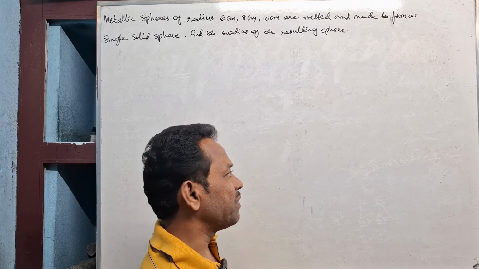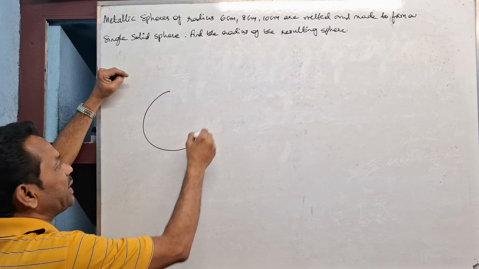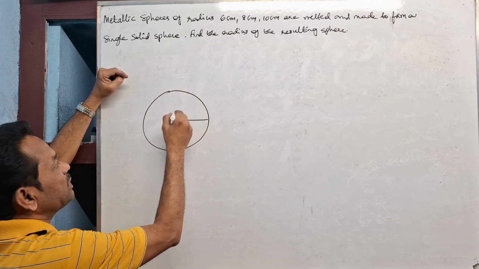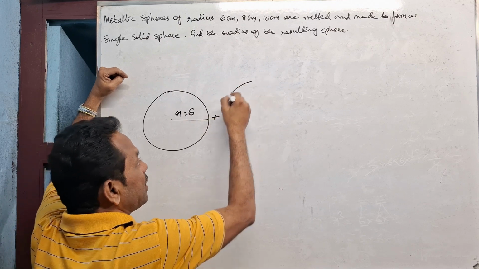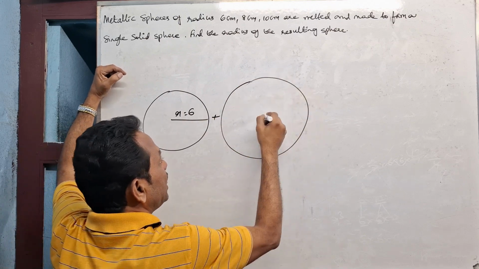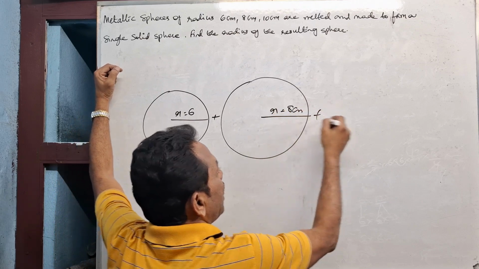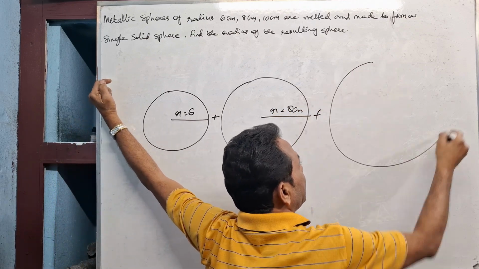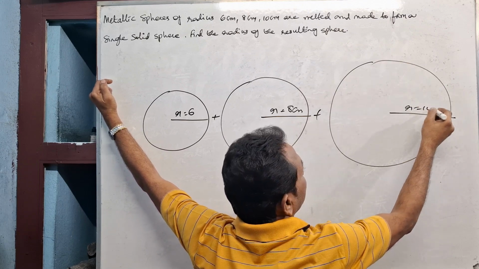In this question, three spheres are given. The radius of the first sphere is 6 centimeters, the radius of the second sphere is 8 centimeters, and the radius of the third sphere is 10 centimeters.